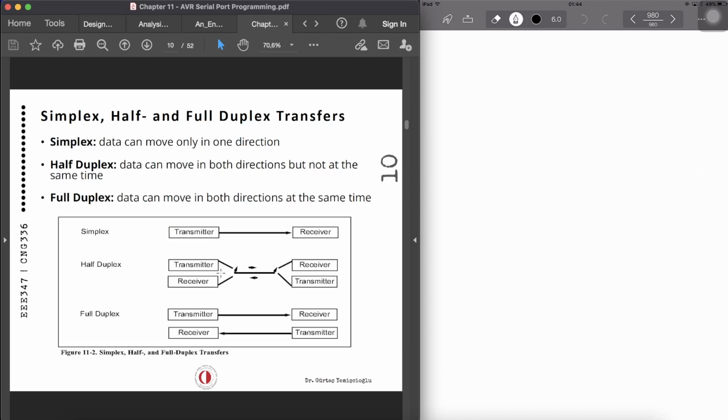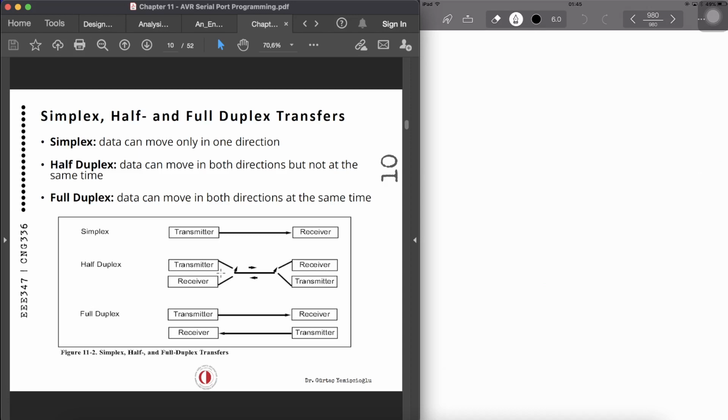Okay, so we have different types of transfers. Simplex: data can move only in one direction, so only from transmitter to receiver. That's the simplex transfer. Half duplex: you can move data in both directions, but not at the same time.